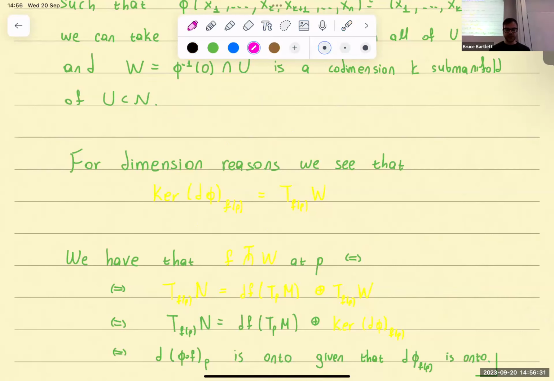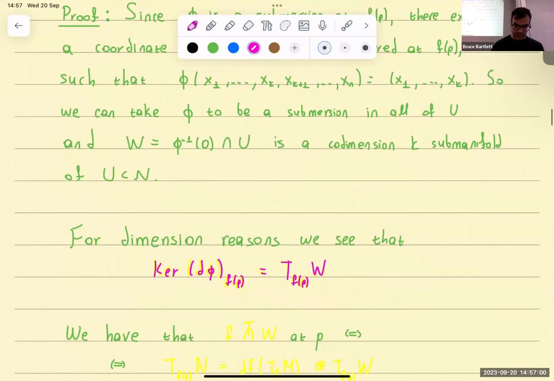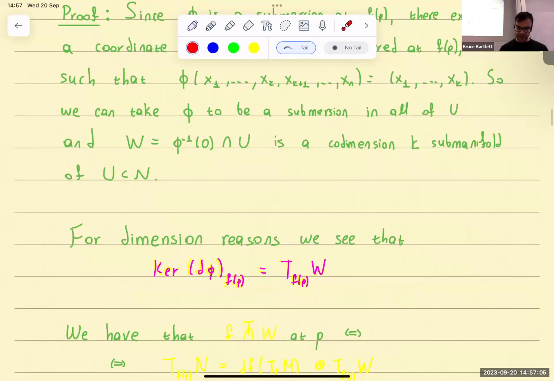Okay, so the first thing to notice is that for dimension reasons, the kernel of the differential of phi at f of p must equal the tangent space at f of p of W. Why is that?